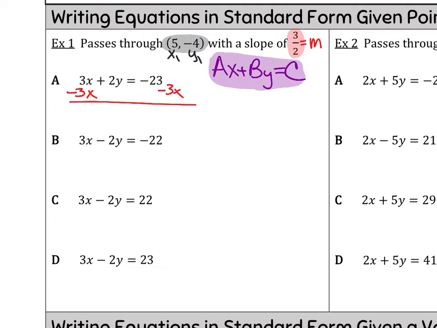So after I do this, I now have 2y equal to negative 3x minus 23. What's the last step to solve for y? Divide by the number in front of y, so that I would get y equal to negative 3 over 2 x minus 23 over 2.